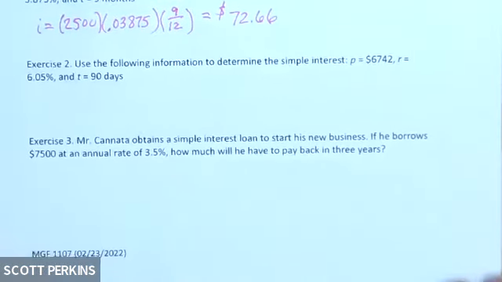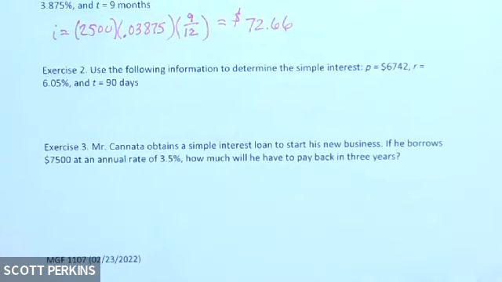So exercise 2, same thing, just different constraints. Again, this time though, I've given you the time in days, and the interest rate is in years. So make sure you divide by the proper thing. I'm going to leave it to you to figure that out.